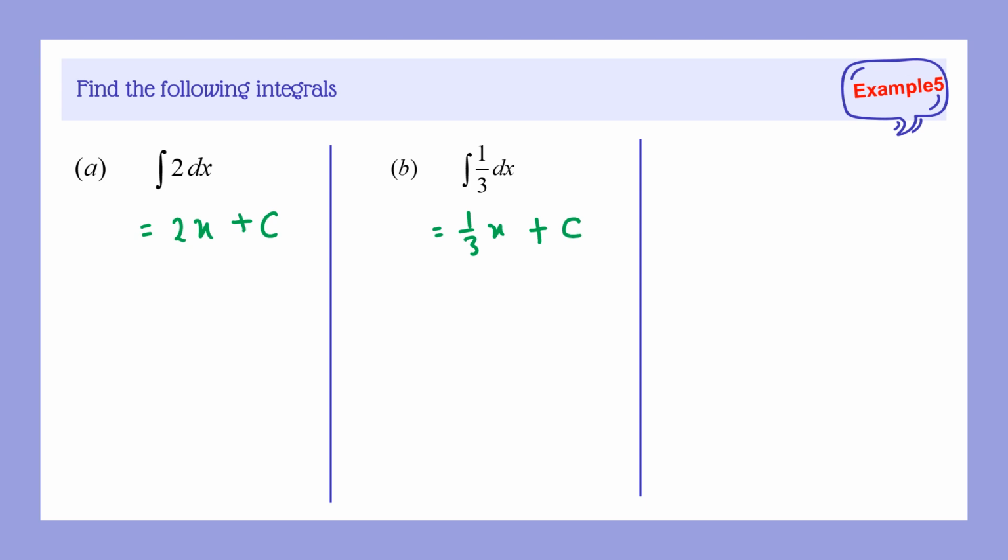And then for question C, integrate square root of 5 dx. Since square root of 5 is also a constant, to integrate this question, we can use rule number 1. So we get square root of 5 x plus c.